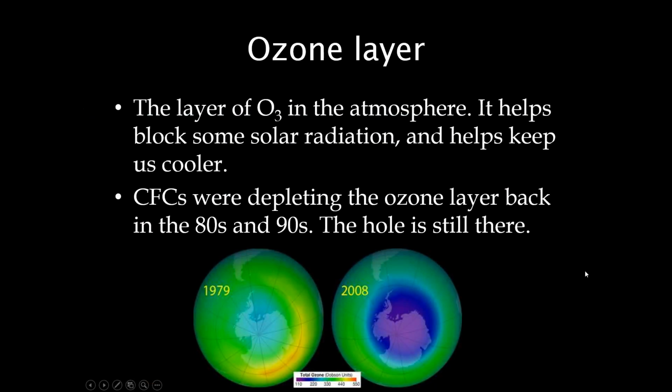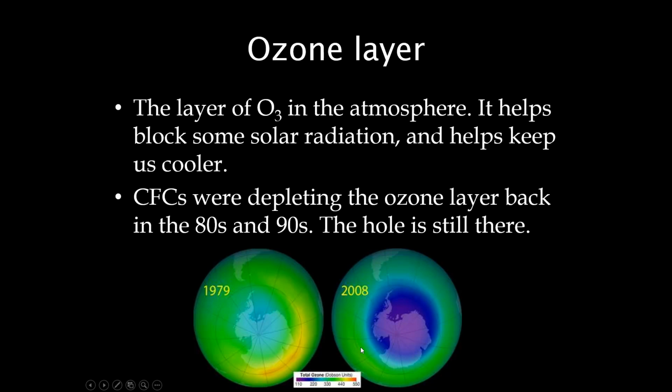Oh, yay, that's almost done. All right, next up, you got a little blurb on the ozone layer. If you were alive in the 80s, you heard a lot about the ozone layer. You don't hear about it so much anymore. So in the 80s, we loved our hairspray. And our hairspray came in these aerosol containers, and the propellant that spit the hairspray out was CFCs. CFCs were chlorofluorocarbons. What we found is those chlorofluorocarbons that were in things like hairspray would go up and mix with ozone, which is 3 oxygen atoms bonded together.